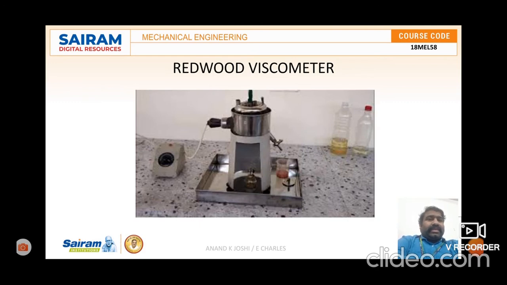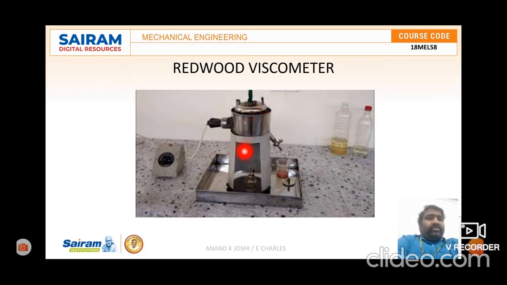So this is the Redwood viscometer device that you are seeing. There is a thermostat here, through which we provide the heat supply and increase the heat. There is a water bath, and the given oil is taken in this cup.